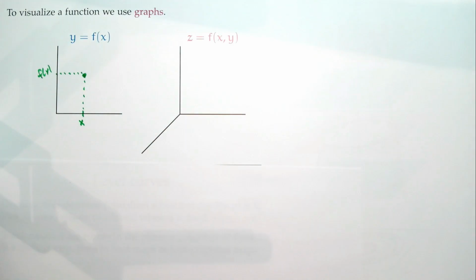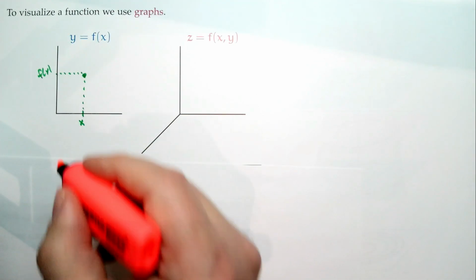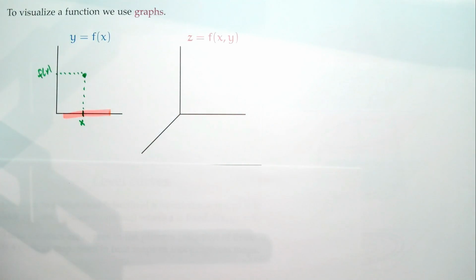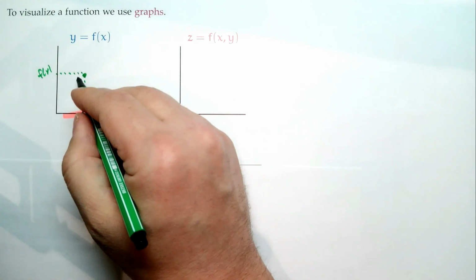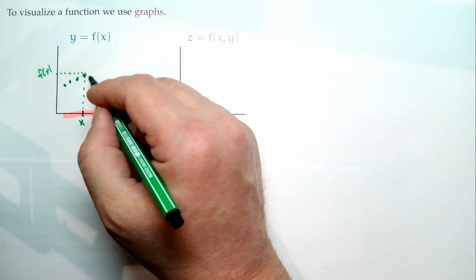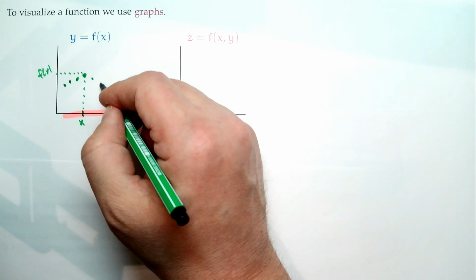Well, that's one point. Now what do I do? Well, to visualize, I look at all the points in my domain. So maybe there's my domain. And I look at the point above each one. And I build up a series of individual dots.